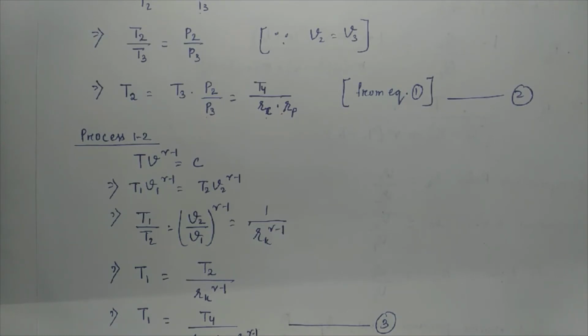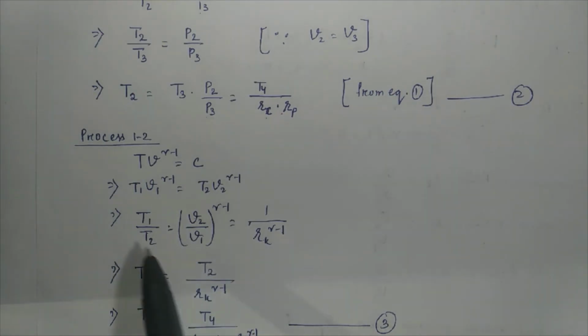So we can consider the expression T V to the power gamma minus 1 equal to constant: T1 V1 to the power gamma minus 1 is equal to T2 V2 to the power gamma minus 1.